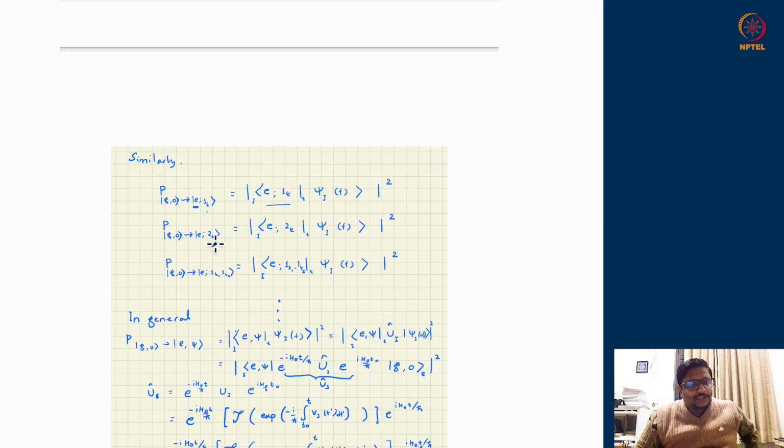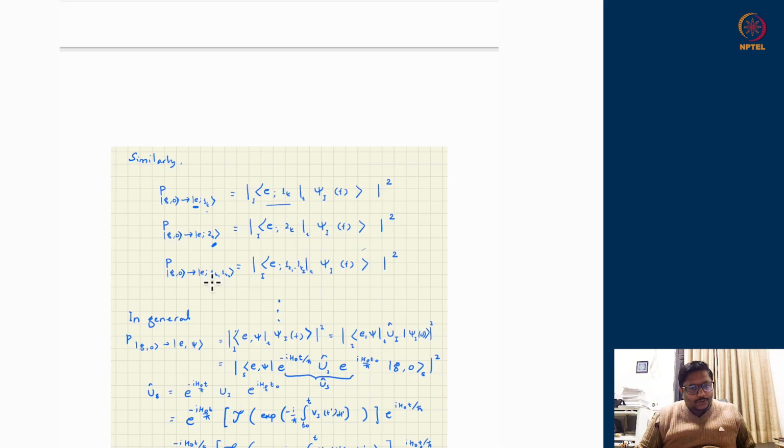Similarly, I could have asked about another excited state for the field, E2k. I could ask this question: what is the probability that the initial state was ground state and vacuum, and after a time evolution, the atom has become excited and the field has become doubly occupied at a momentum k? The computation should tell me what is the likelihood. If it is 0, it should come out to be 0. If it is 1/2, the answer should be 1/2, whatever we do.